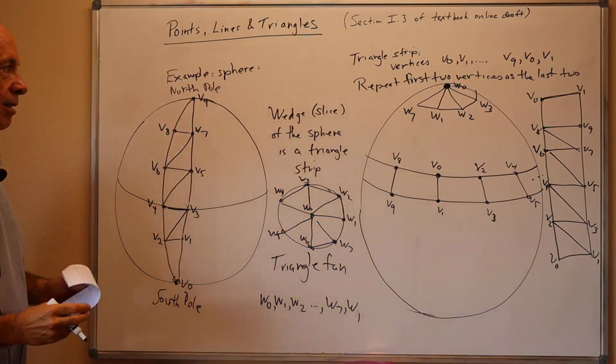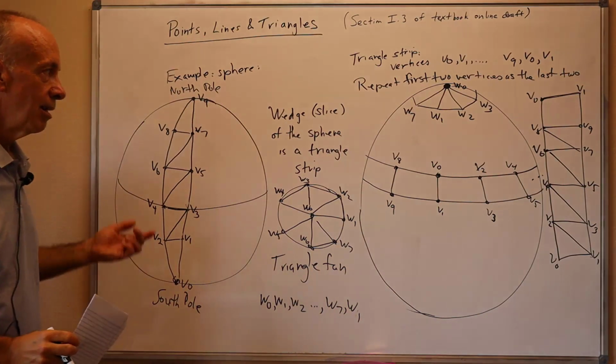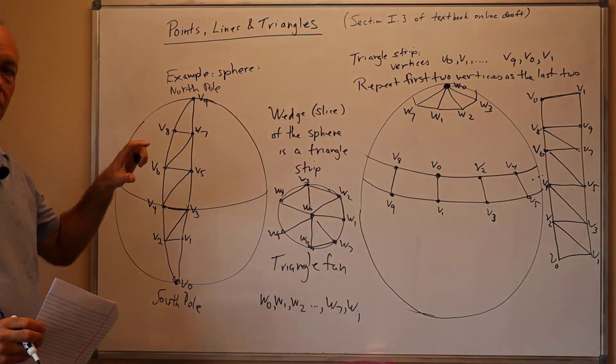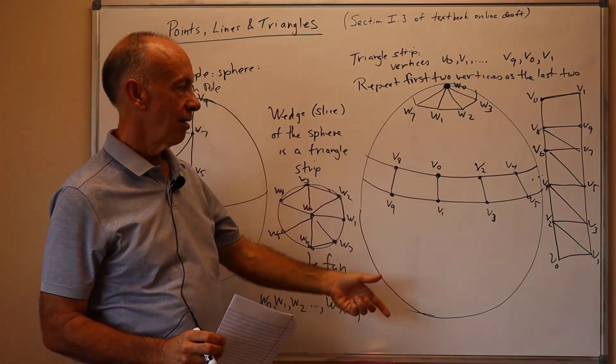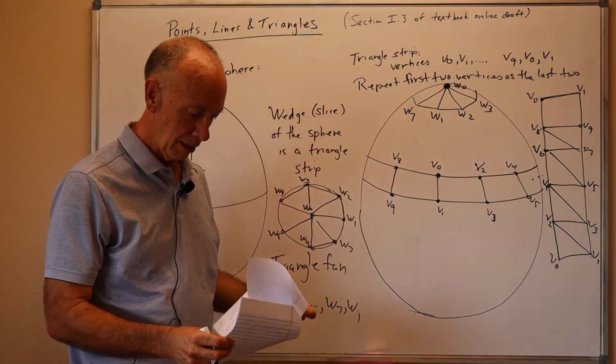And that would give us the North Pole region of the sphere as a triangle fan. So by putting together these triangle fans and triangle strips, we could also render the sphere in this fashion.